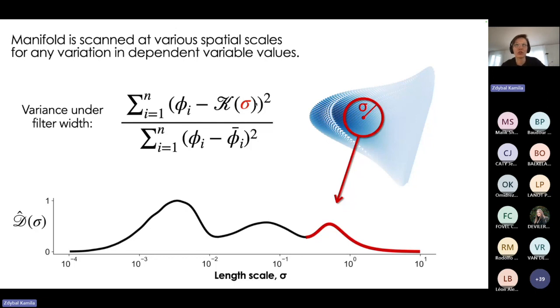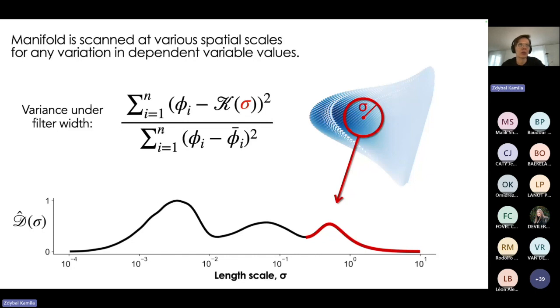We use a Gaussian kernel to approximate that variable under that filter width. Gaussian kernels are used all over the place for all sorts of different purposes in data science and machine learning, and that's just why it's also being used over here.